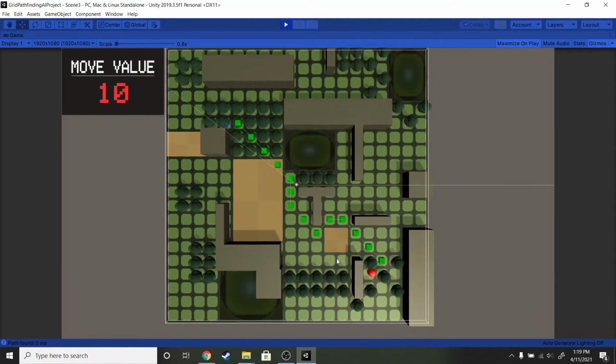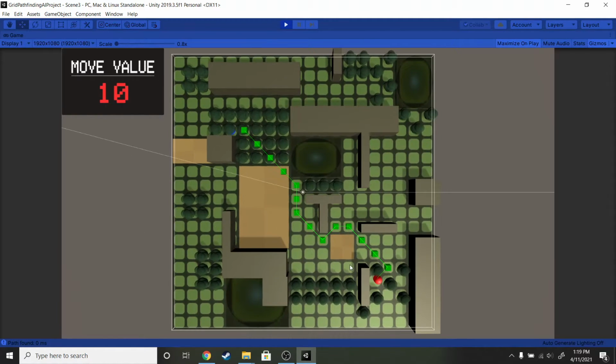If I had more time to work on this project, that would be my primary focus: trying to implement this move value to function with the terrain types. So that, say, moving through one square of the sand terrain would cost 2, as opposed to moving through these normal tiles, which would only cost 1 of your move value.